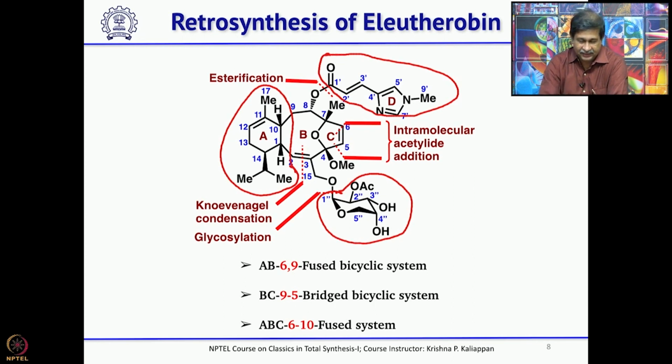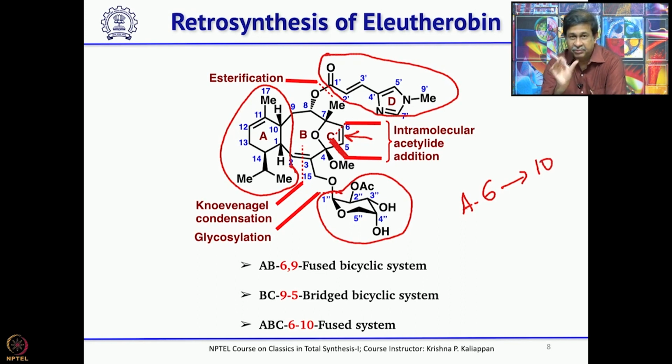One, as I said, the intramolecular addition of the triple bond. The triple bond later became double bond here. Overall, how he planned was, he first started with A ring, that is a 6-membered ring, then he attached a 10-membered ring. Okay.